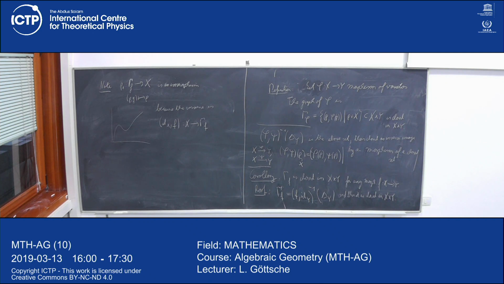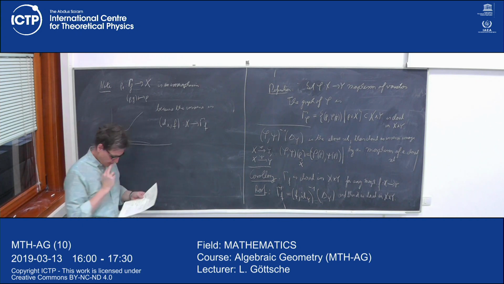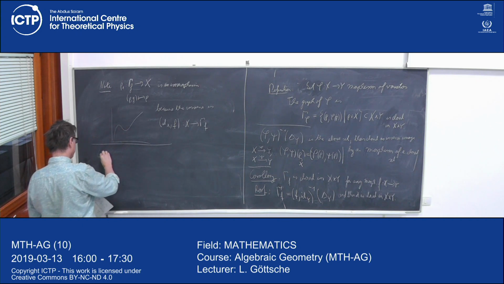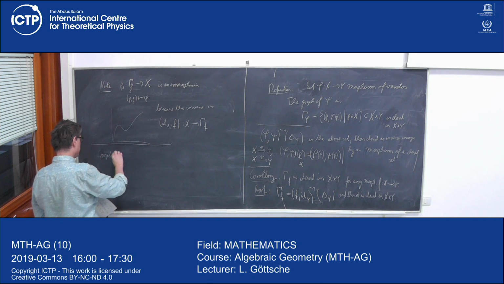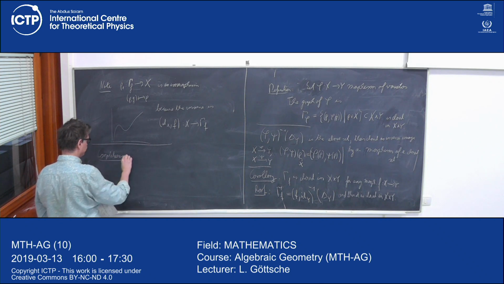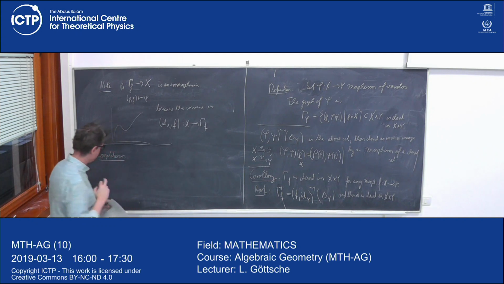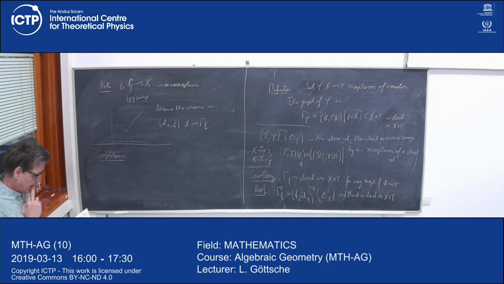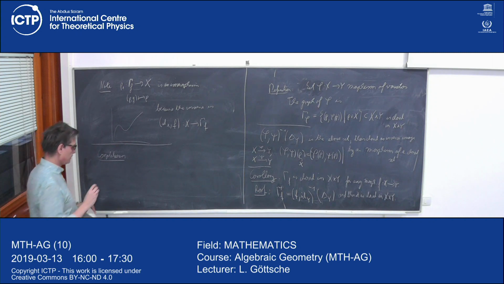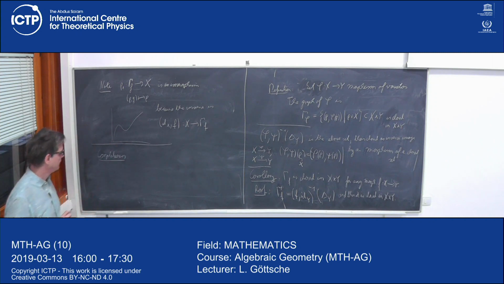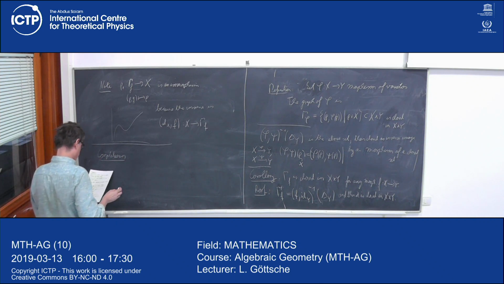The only affine varieties which are complete are points. We will want to show that projective varieties are complete, and as I said, in particular this will show that any morphism from a projective variety to any other variety will have closed image. Let me first, however, give the definition.